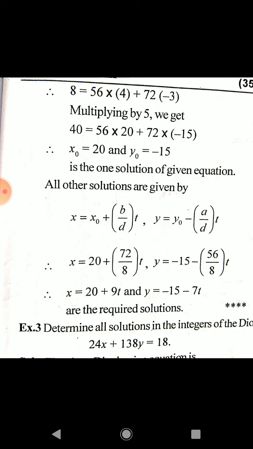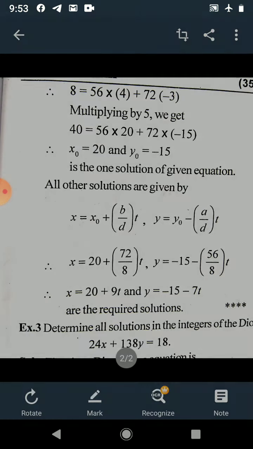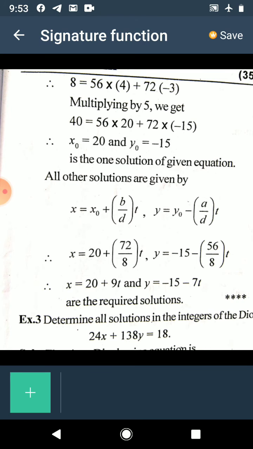Today we shall stop with only one example, because with this example we shall complete our article, the Diophantine equation. Remaining problems are similar. For example, determine all solutions of the given Diophantine equation 24x plus 138y is equals to 18. In a similar manner you can try to solve this Diophantine equation also.